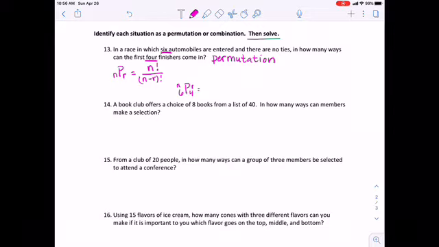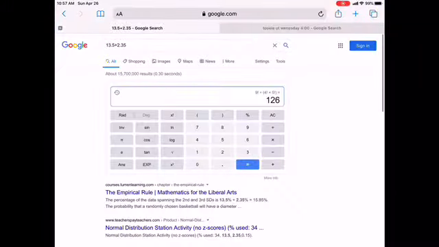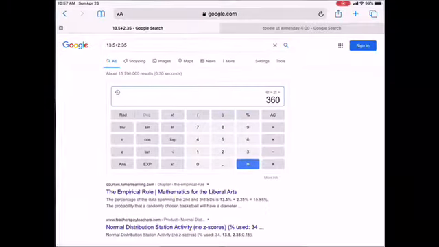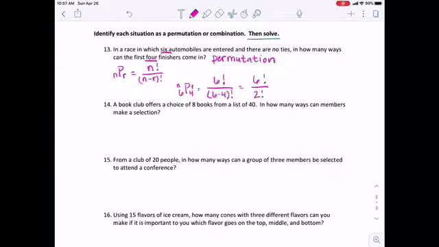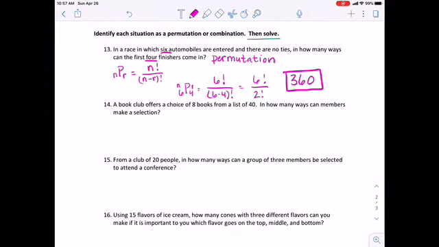That becomes 6 factorial over 6 minus 4 factorial. I know that 6 minus 4 is 2, so this becomes 6 factorial divided by 2 factorial. In my calculator, if I do 6 factorial divided by 2 factorial, I get 360. So there are 360 different ways that these cars can finish the race.